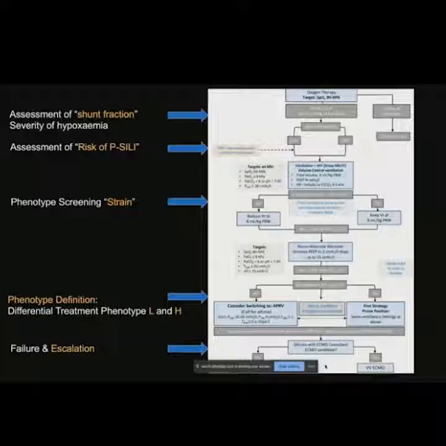Now that they're mechanically ventilated, what's the phenotype definition? Is it phenotype L or H? Because based on what they are, the management would be different. And then if mechanical ventilation management fails, what then are your next options? That's something that I'll discuss also.